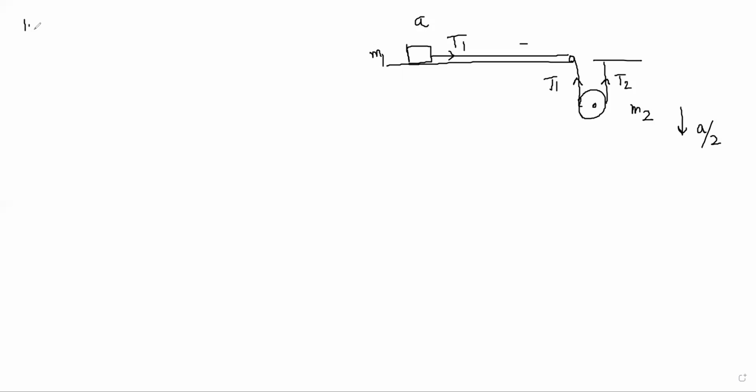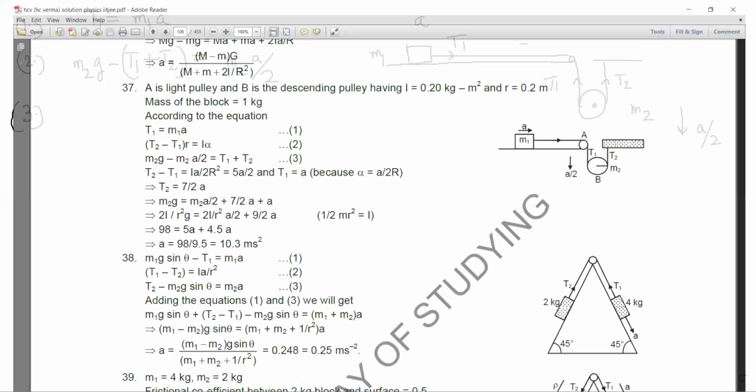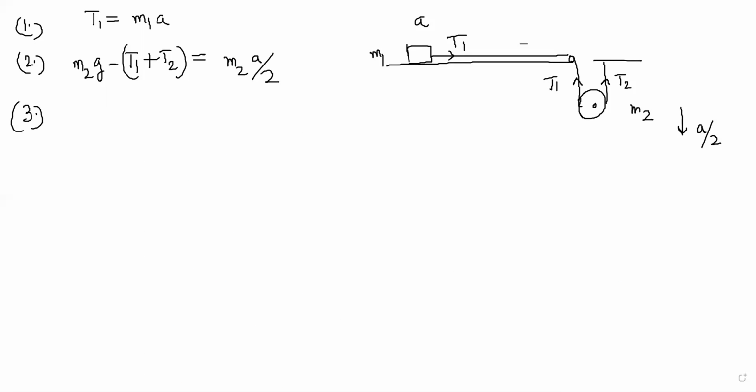So my first equation was t1 is equal to m1a, right? Second equation was the motion equation, m2g minus t1 plus t2 is equal to m2a by 2, right? And third equation is t2 minus t1 into r is equal to I alpha, right?